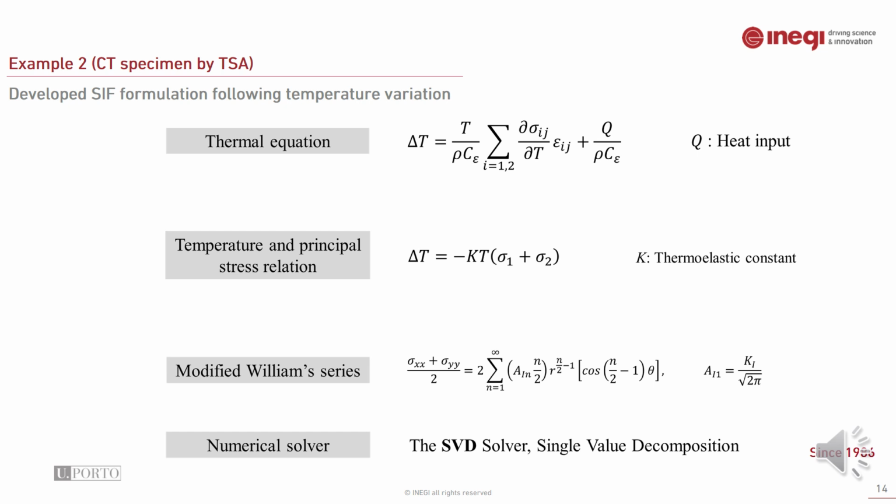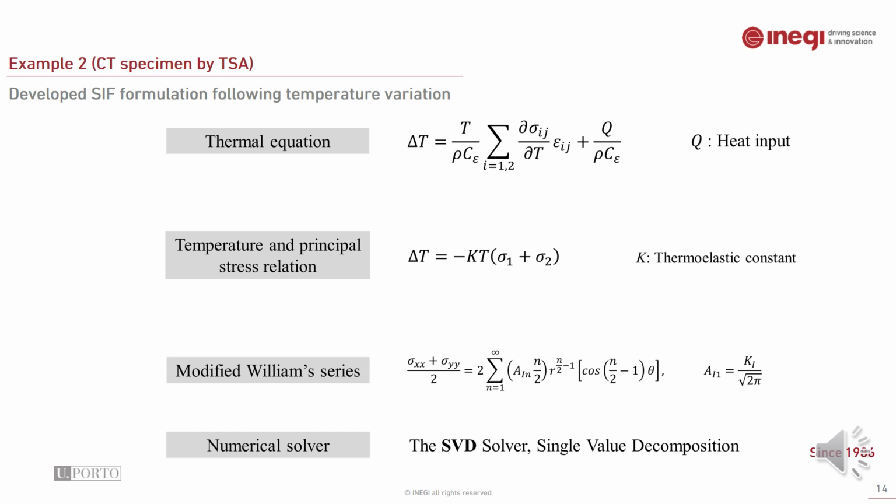Since it is based on the thermal variation, some equations from thermodynamics are considered here. The equation was sorted in terms of the temperature, and in the second line it shows the temperature and principal stress relation.